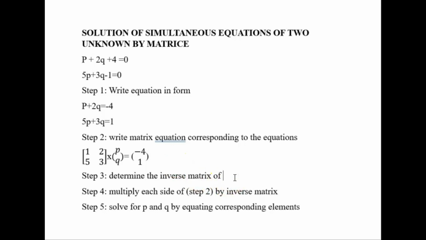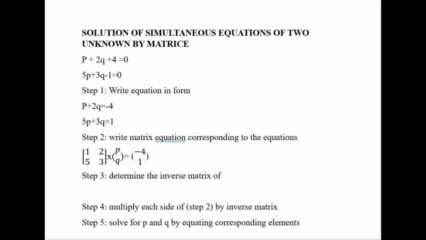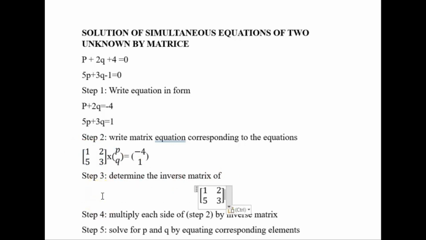So number 3, determine the inverse. So we are determining the inverse of this. For example, let's say this is matrix A. This is matrix A, which is equal to that.